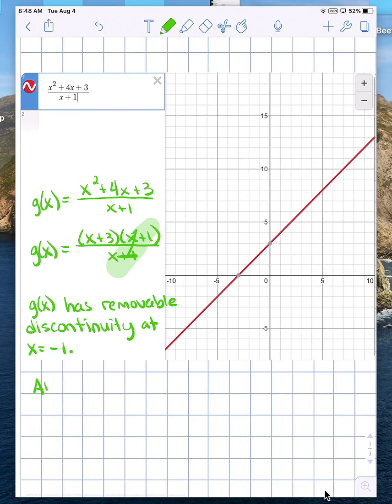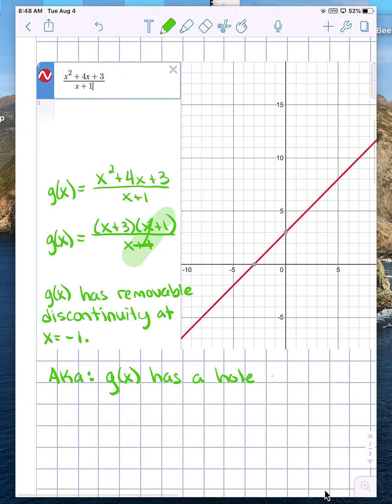In other words, g of x has a hole at x equals -1. But the limit exists. The function is getting closer and closer to a y value of 2. So this isn't one of those interesting points on a function. The point actually does not exist on the function, but we can talk about what the function is doing as we get closer to it.